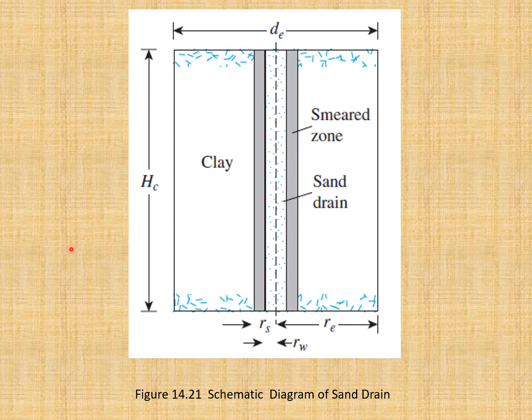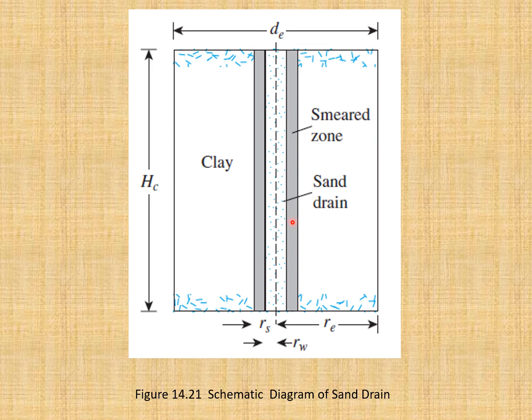During the installation of sand drains, disturbance of the soil adjacent to the drain is likely to decrease its permeability and thus slow down the consolidation process. This effect is described as smear. So look at this part and this part.